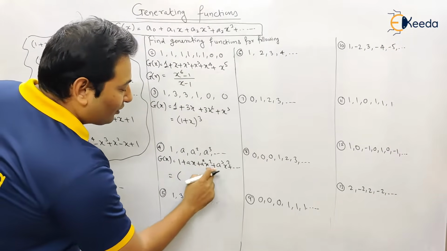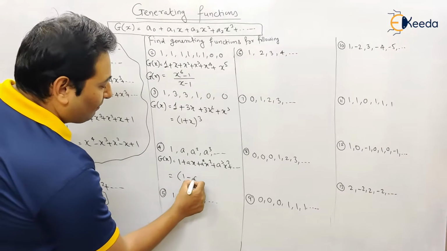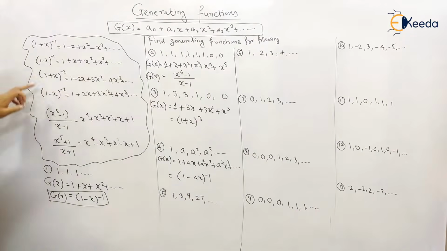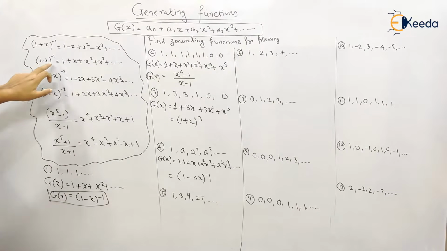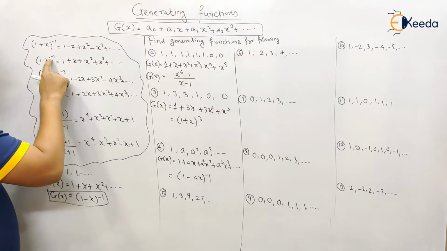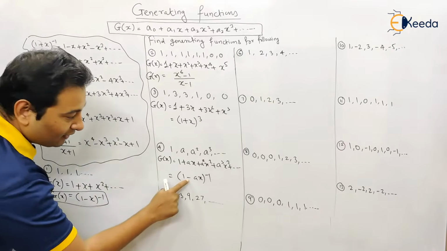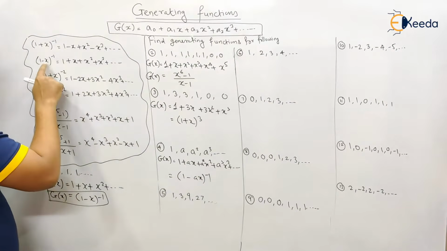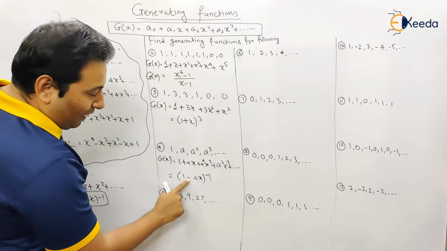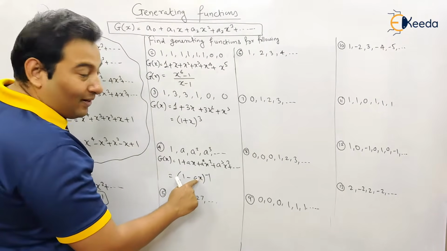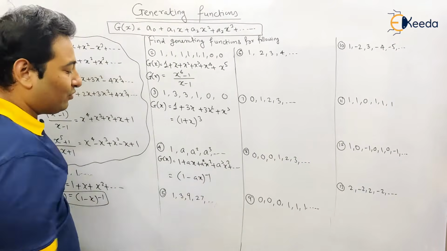First of all, the terms are plus. 1 minus ax inverse. See here, if all the terms are plus and they are unlimited terms, then this is the formula. Since both are minus, everything is plus: 1 plus ax plus ax the whole square, ax the whole cube and so on.